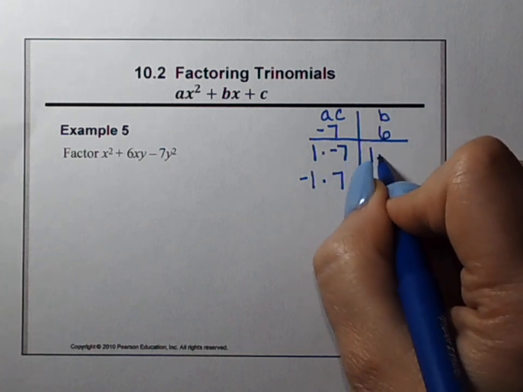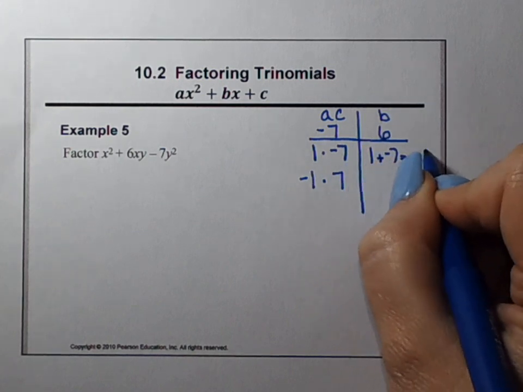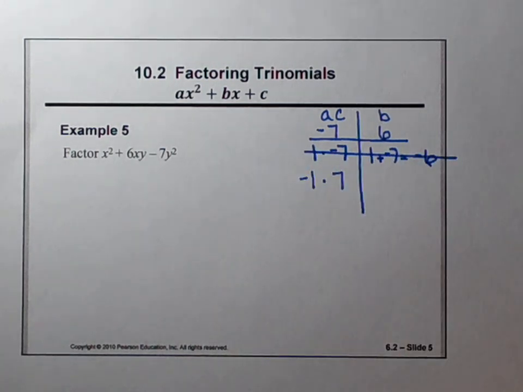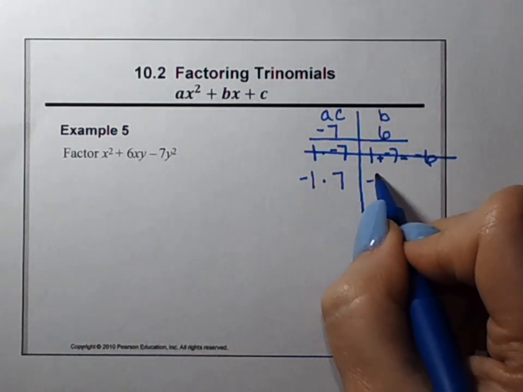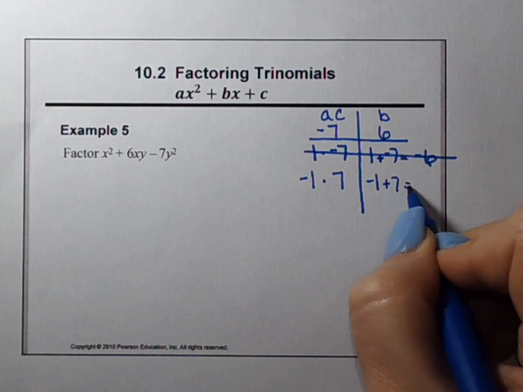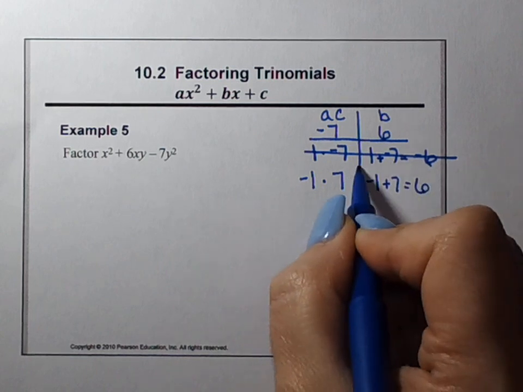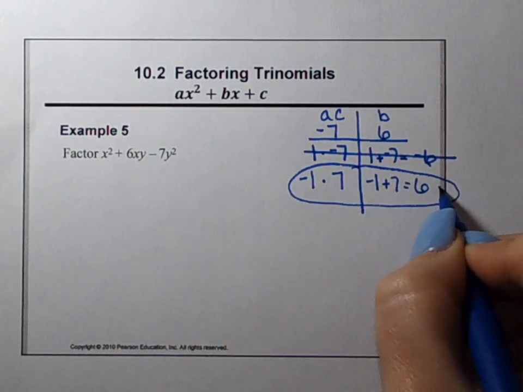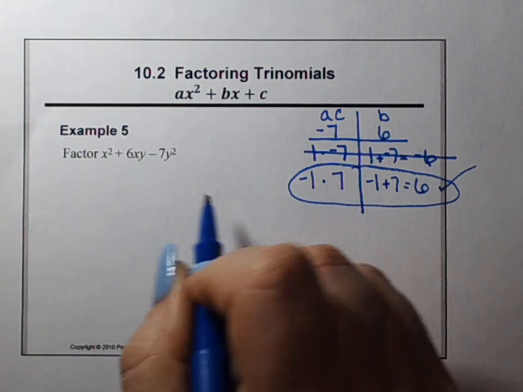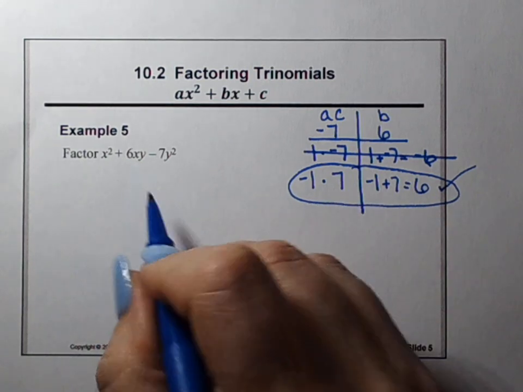Well, 1 plus a negative 7 gives us a negative 6, so that one does not work. And then negative 1 plus 7 is going to give us a positive 6, so there's our winner. Those are the factors we're going to use to rewrite this center term.